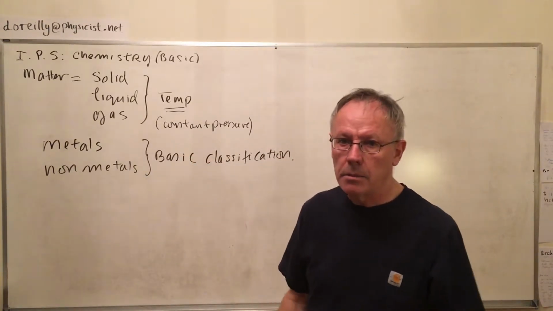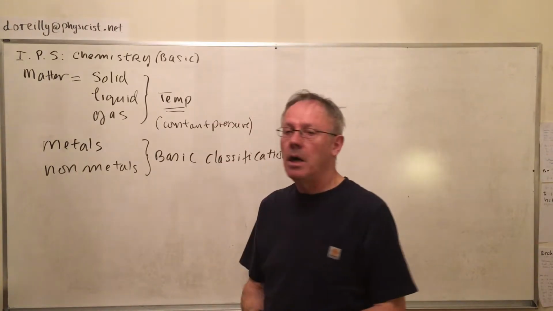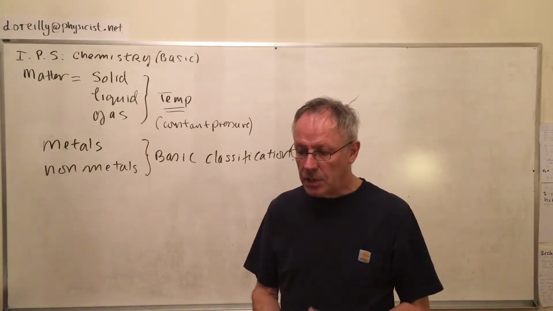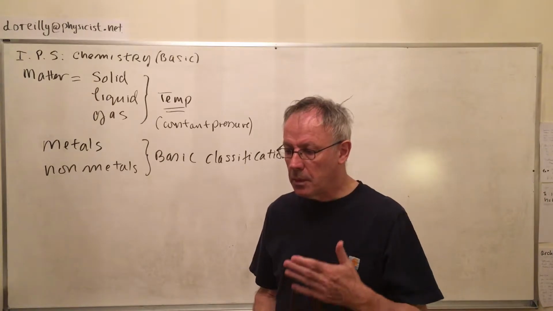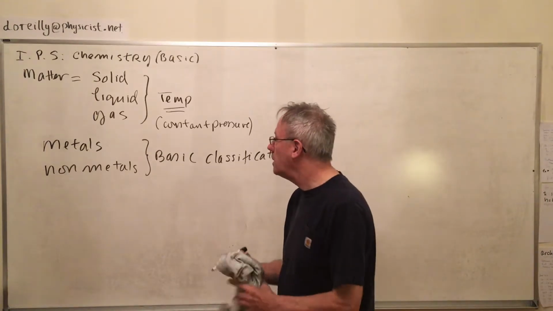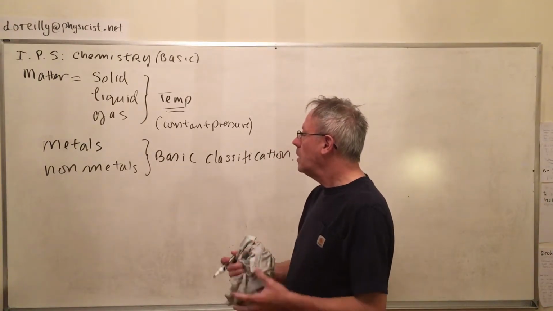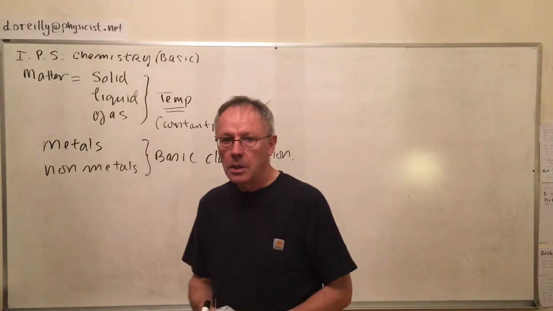Example of a metal: iron, silver, copper. Example of a non-metal: anything else. In actual fact, well, let's leave that aside. So next, what can happen to substances?